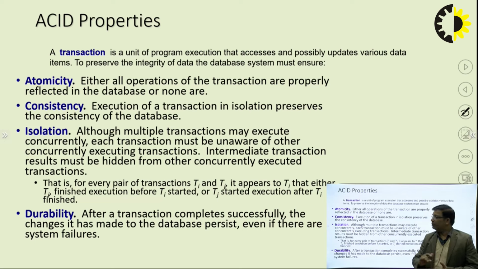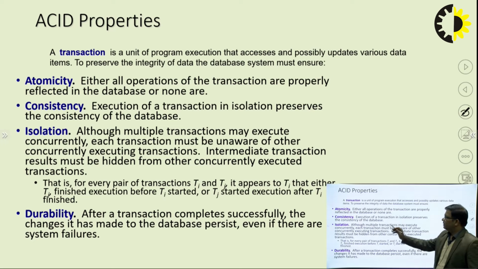The first property is atomicity. It means that either the transaction is properly completed or not. It doesn't mean that the transaction is left in between. If the transaction is not completed, then it should be rolled back to its previous value.